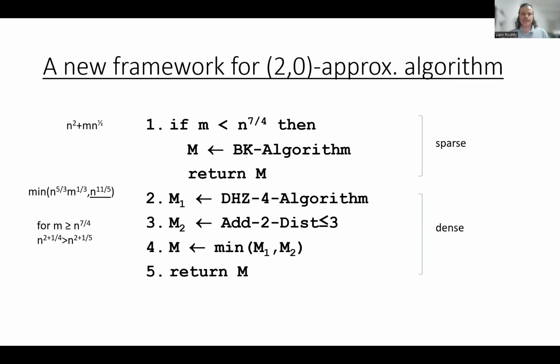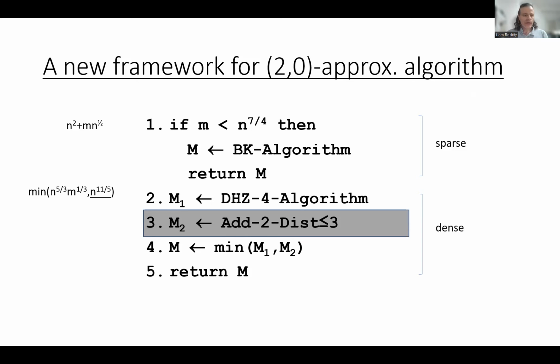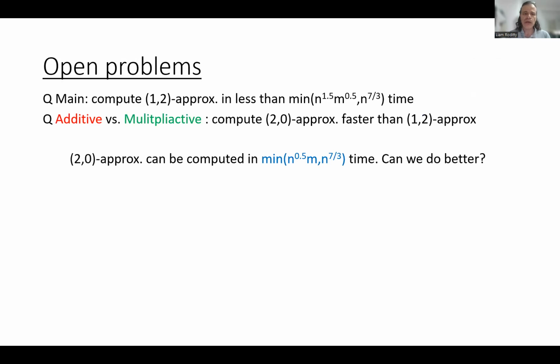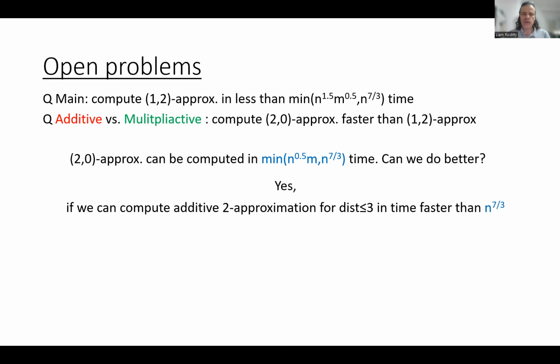So what I will show you in the rest of this talk is how we can get an additive 2 approximation for distances which are at most 3. The answer to this question is yes, and we need to show how you can compute an additive 2 approximation for the very restricted case where the distances are at most 3 in time which is faster than n to 7/3.